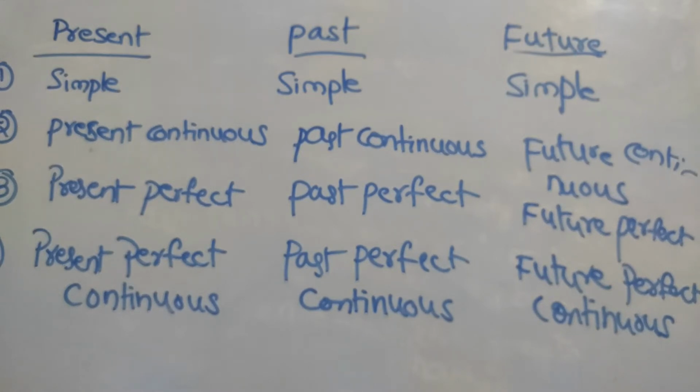Future: simple future, future continuous, future perfect, future perfect continuous. In this, if we know the main verb forms we use in present, past and future tense, it is very easy to understand how to speak in English.